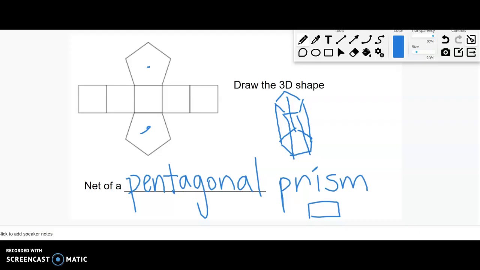If you want to be fancy and try to draw on an angle, you can do that too. Again, draw 2 pentagons and connect the matching vertices. It's kind of fun to draw 3D shapes and make them look like they're popping out. If you're struggling to draw it, let me know. I'm more than happy to help you, or just do your best. I'm not going to grade how well you can draw a shape, just that you tried and that you got the important shapes in there.